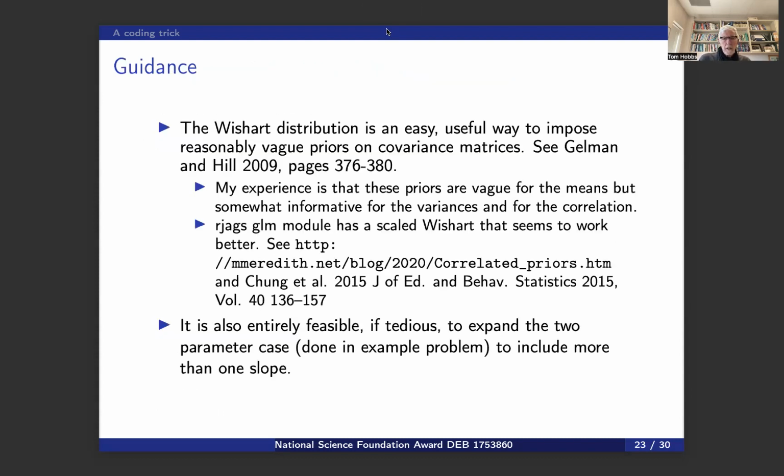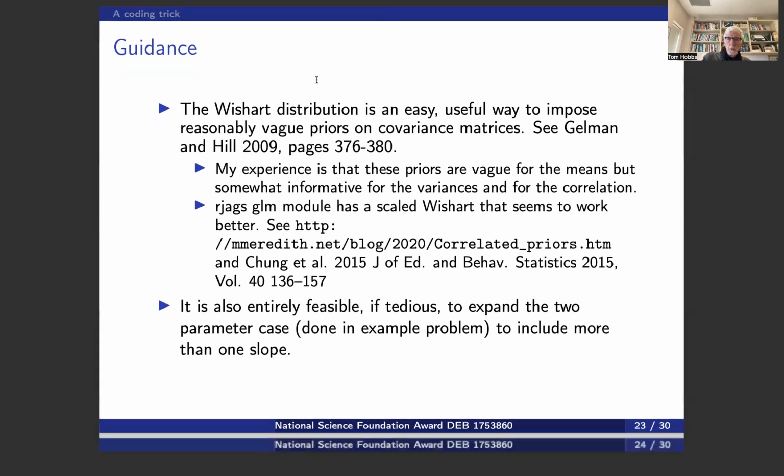I have some guidance on this based on experience. The Wishart is an easy, useful way to impose reasonably vague priors on a covariance matrix. Gelman and Hill, the book on multi-level modeling, pages 376 to 380, has a description of how to use the Wishart.